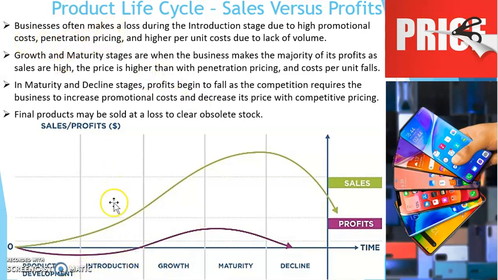So businesses are often making a loss at that introduction stage. They do that because of high promotional costs. So they're out there marketing their product. They're spending a lot of money on making consumers aware that their product exists and how it satisfies their need or want.